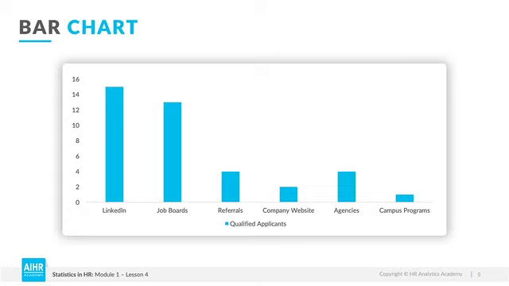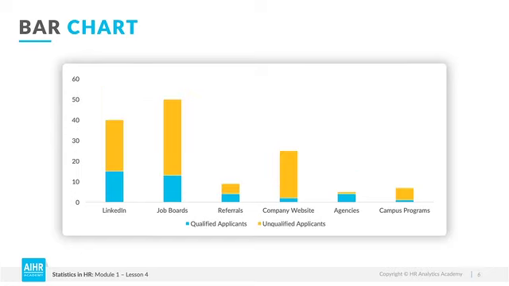Now you can add more information to these bar charts. For instance, you can change the y-axis to the total amount of applicants and differentiate in the bars between qualified and unqualified applicants. This will create a stacked bar chart. This shows us that suddenly job boards take the first place. However, on closer inspection, you can see that this is mainly due to the high amount of unqualified applicants.